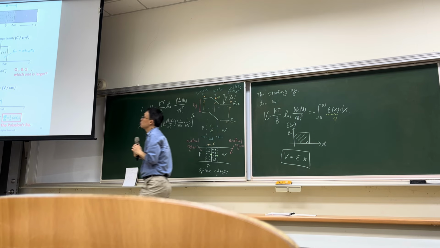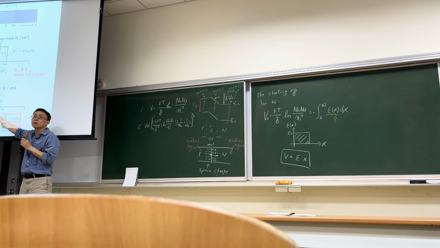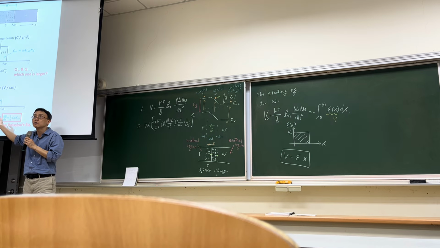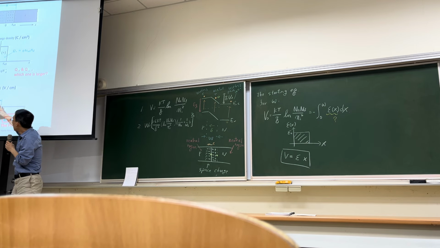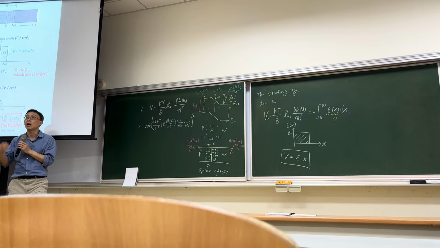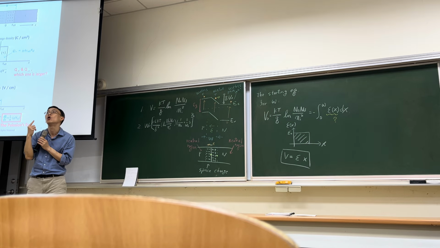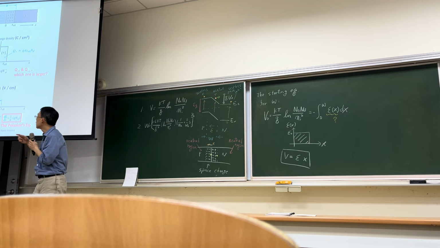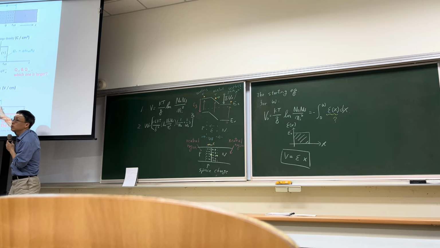But this is not too difficult, right? You know the equation for the triangle area, right? So you just need to know the height and the width of the triangle, right? So our next step is to know what is the maximum, which is the height of this triangle.